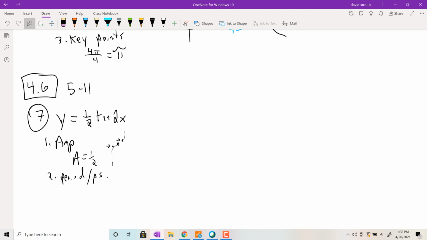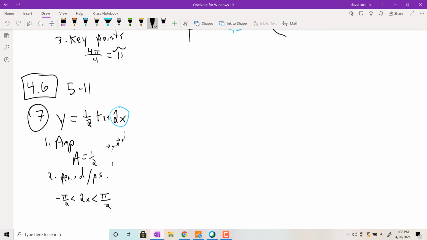Secondly, then the period and the phase shift. In this problem, there is no phase shift. I don't think any of the problems in the set that I'm giving you have a phase shift. But you're taking negative pi over 2, and you're wedging the insides of the tan function in between negative pi over 2 and pi over 2. Okay. So again, the reason why we do that is because there's asymptotes at negative pi over 2 and pi over 2.